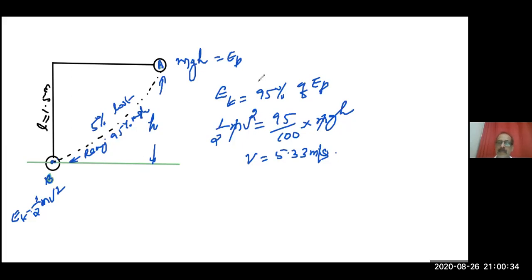So, sir, actually, we will get v squared is equal to 15 into 95 by 100.